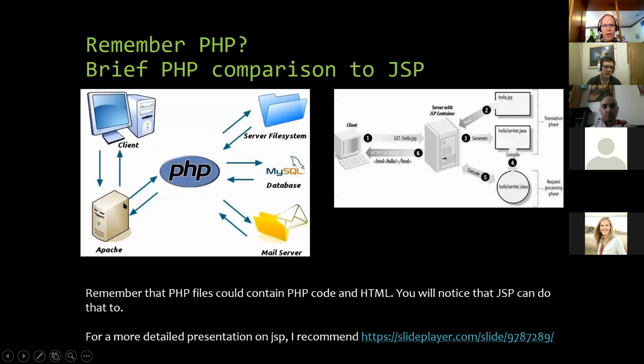Now, it's a little bit more complicated than that, in that this diagram on the right attempts to show it. You've got your page here that's going to be a mixture of Java code and HTML, but then Tomcat's actually going to compile that into a class and then execute the class.